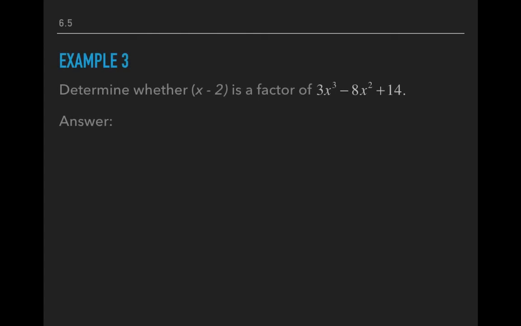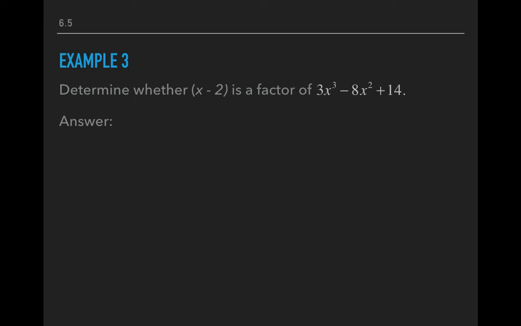So in example 3, we want to determine if x minus 2 is a factor of 3x cubed minus 8x squared plus 14. Based on what we just wrote, a remainder of 0 means they're a factor. So if we divide and there's no remainder, it's a factor.